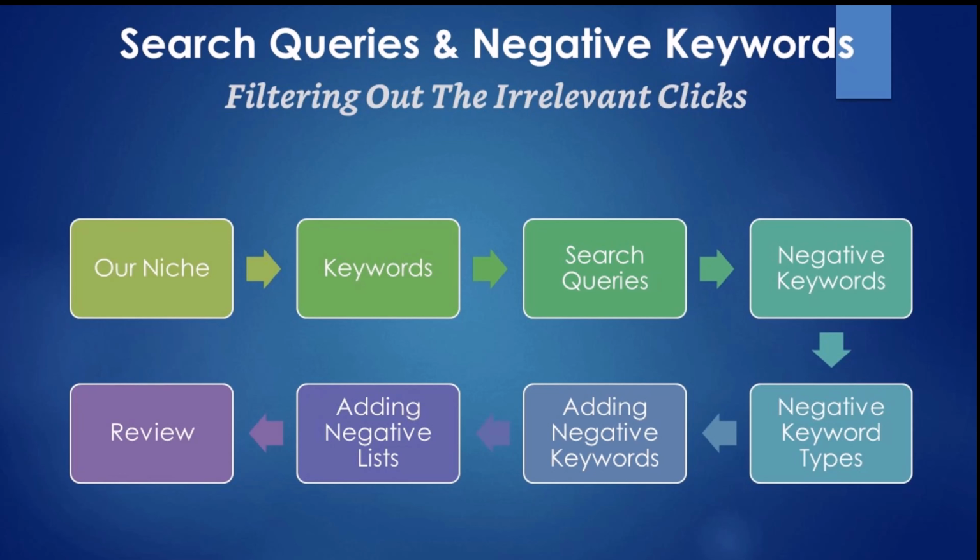Google will show your ad for things that are completely irrelevant to your campaign sometimes, and you need to start adding those in and making sure your budget is really low when you start. Okay, so you start adding the negative keywords in to your campaign slowly, because your competitors have already done the research. They've already added the negative keywords, so their ads are not showing up for those negatives as well. So you're going to have to basically pay for the data and start adding the negatives in.